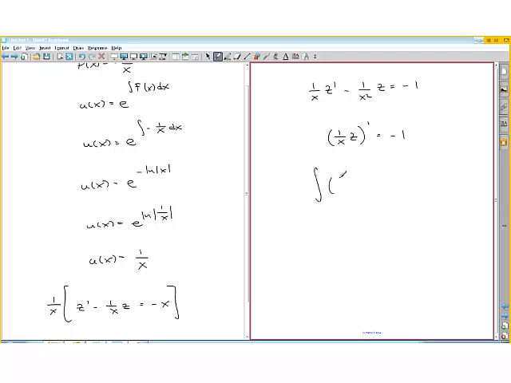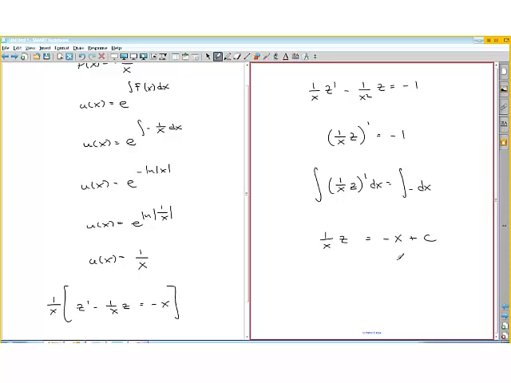I multiply by dx. So this just becomes this times dx, integral. This becomes negative 1 times dx, which is negative dx, integral. So the left-hand side just becomes 1 over x times z, and the right-hand side just becomes negative x. The integral of negative dx is negative x.